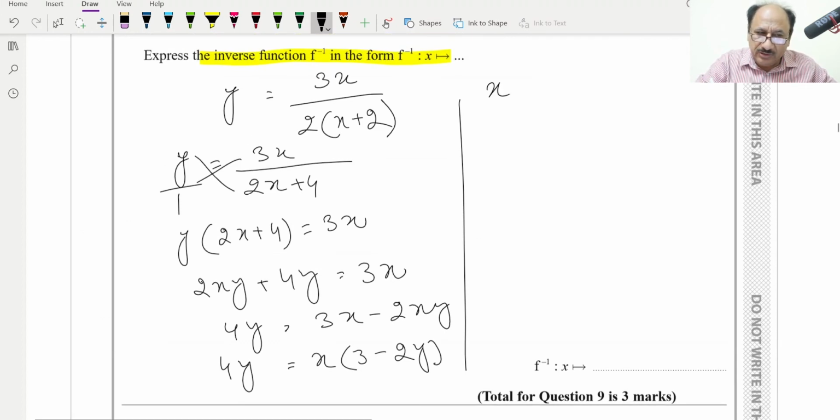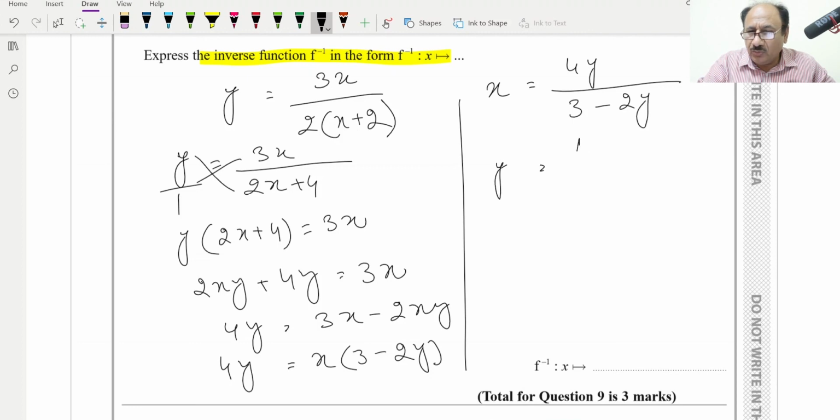So x will be equal to 4y over 3 minus 2y. And now we can swap x and y. So y is equal to 4x over 3 minus 2x.